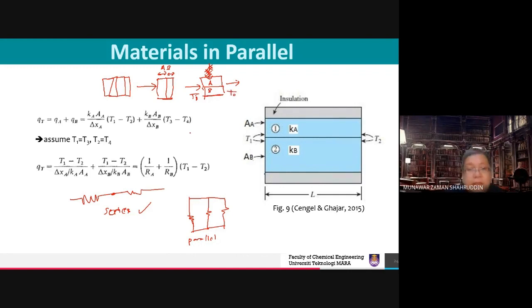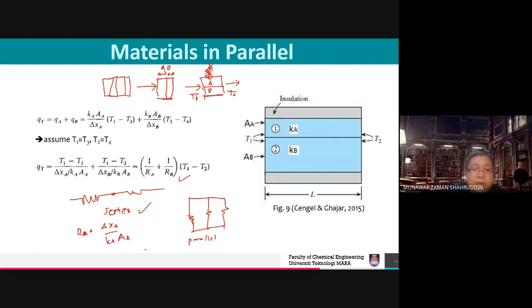Then you will have this kind of equation. So all in all, what you can do is determine what Ra is first. Ra, you know, is delta Xa over Ka.